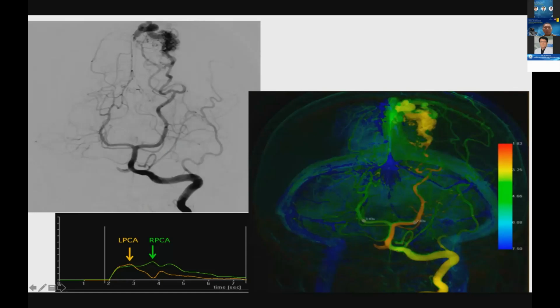We can see the flow in the feeding artery of the left posterior cerebral artery compared to the right. This is early enhanced, with high flow, and the right is normal flow. We can also compare the treatment with this DSA acquisition.